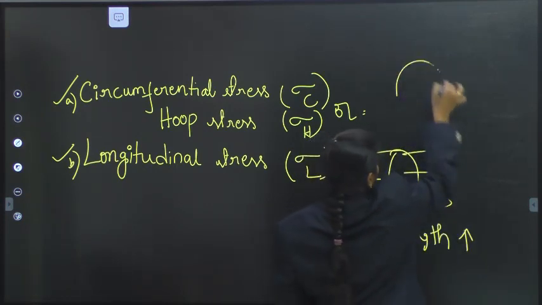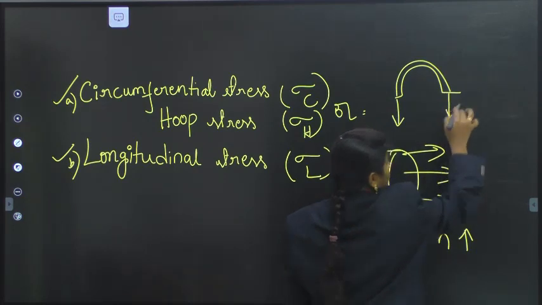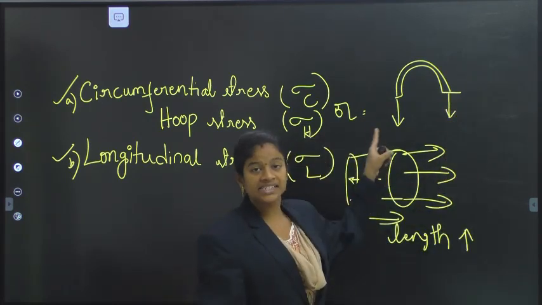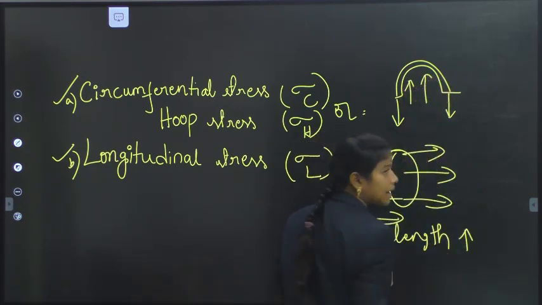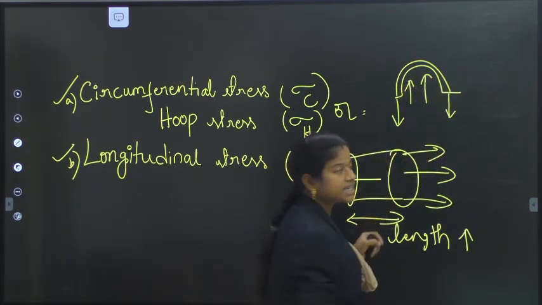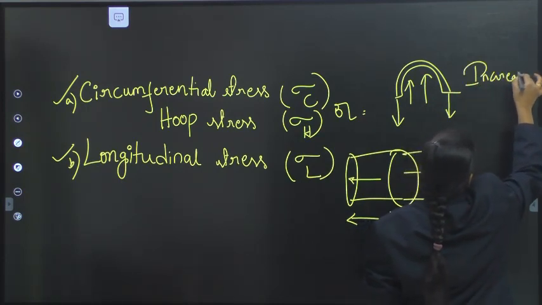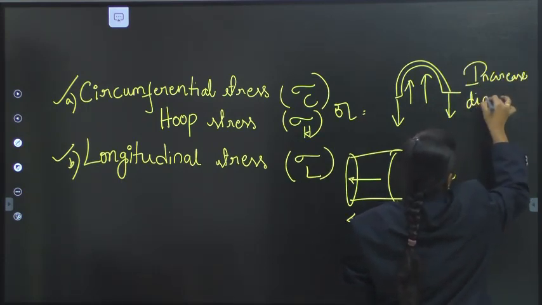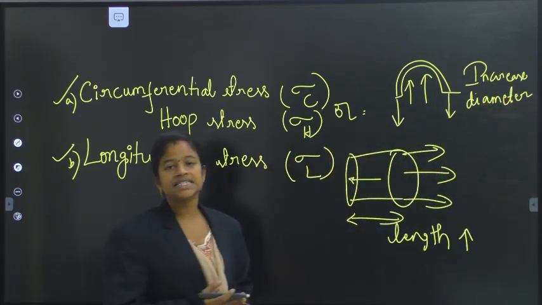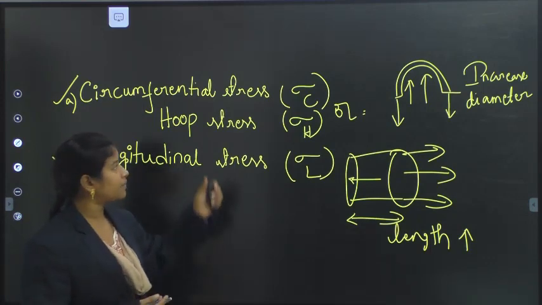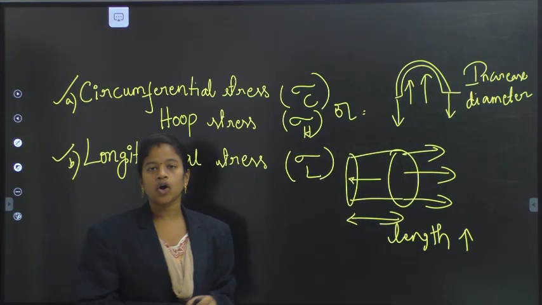Here a resistance will be offered along the circumference, tangent to the circumference, and the fluid pressure will be applied upwards. This condition also will cause an increase in diameter. So this is the way it is happening, and this is for the longitudinal stress.